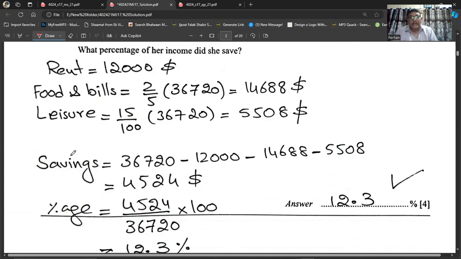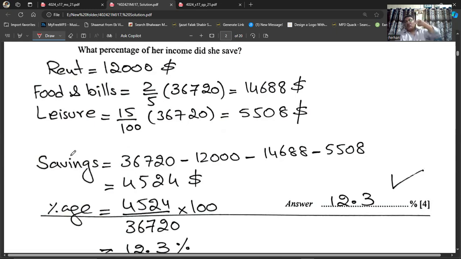So from the total income, which is 36,720, subtract the rent, subtract the food and the bills, subtract the leisure. So 36,720 minus 12,000 minus 14,688 minus 5,508, and you will be left with $4,524. So this money will be saved.